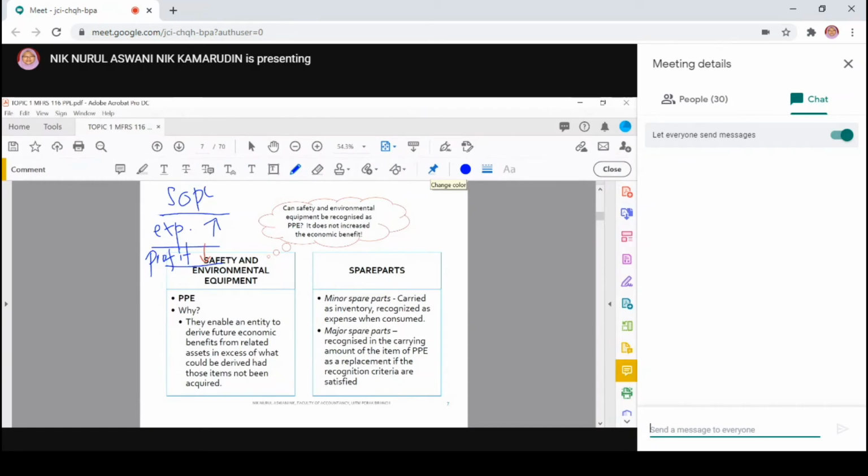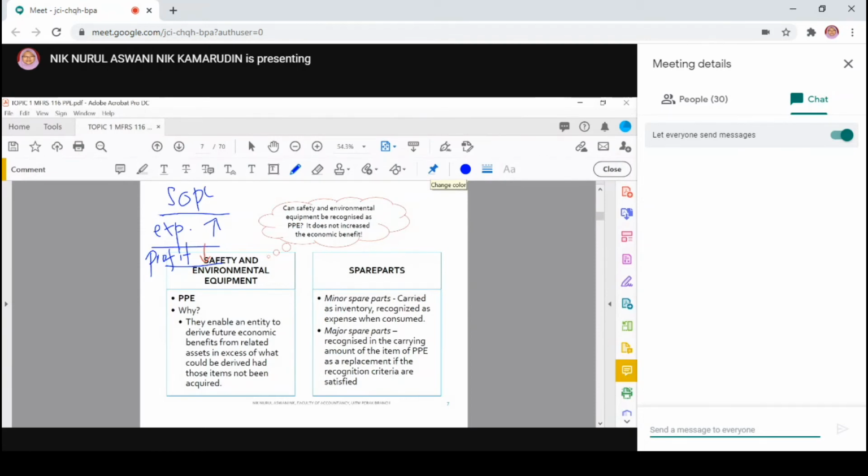So what about safety and environmental equipment? Because safety and environmental equipment can be very expensive. In this case, we can recognize this equipment as PPE. Why?